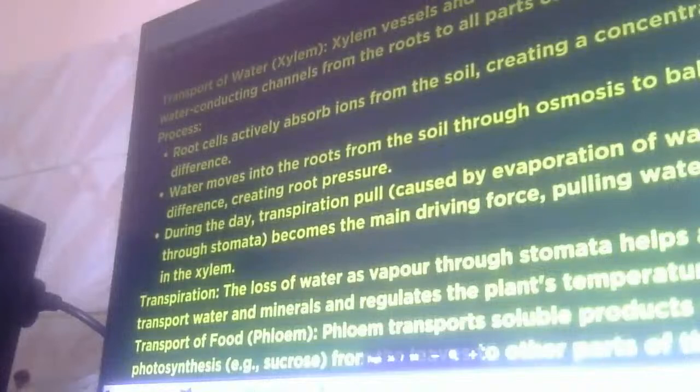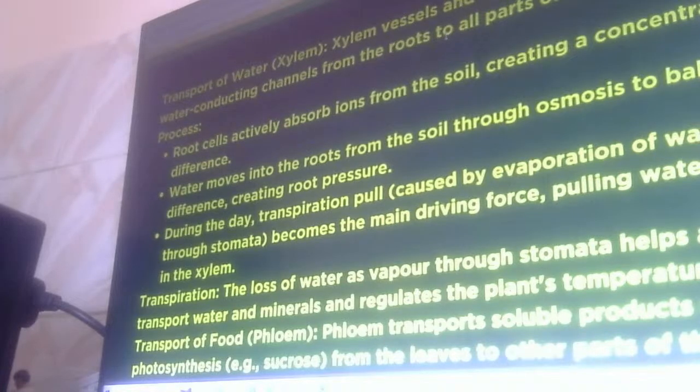So, water, xylem vessels and tracheids. From the roots there is an active uptake of ions, and that active uptake of ions into the channel creates a difference between the concentration of water in the channel and in the soil.